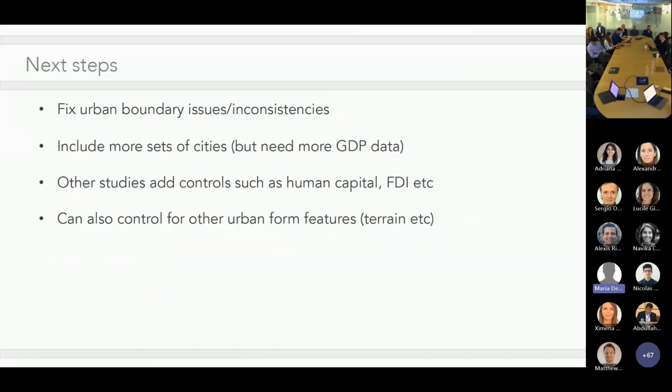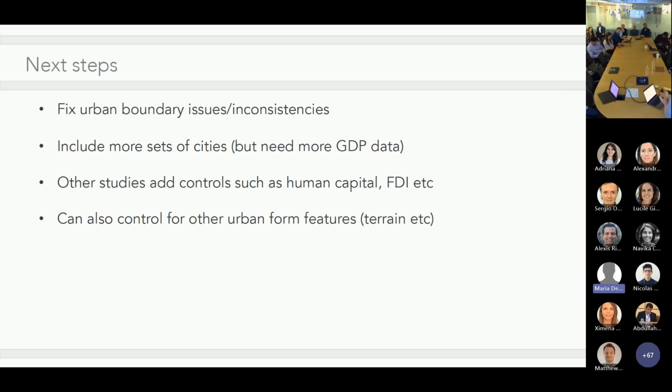Okay, so there are some next steps. We need to fix some of the boundary issues. As I said, for some of the GDP data reported for the Chinese cities and the Brazilian cities, the boundaries are different from our predicted employment data. For technical reasons, which I won't go into, it may not necessarily make sense to rerun the predicted employment for these larger boundaries, but we'll have to think about that.